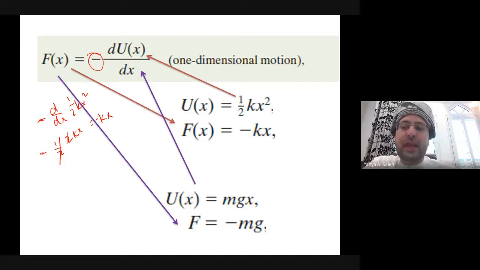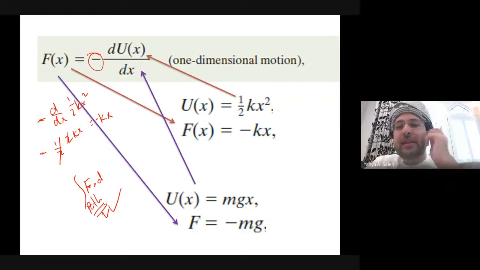Usually when we calculate work, we do F dot d and integral. For conservative forces, whatever the path is, you will always get the same final answer, no matter how you go from point A to point B.